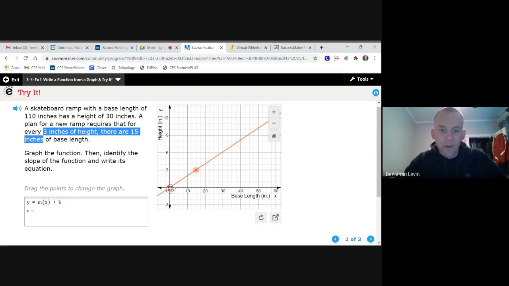We went up 3 and over 15, right? So that's our slope. Up 3 over 15. And since it's up, it's positive. If we went down, it would have been negative 3 over 15, but we didn't go down.